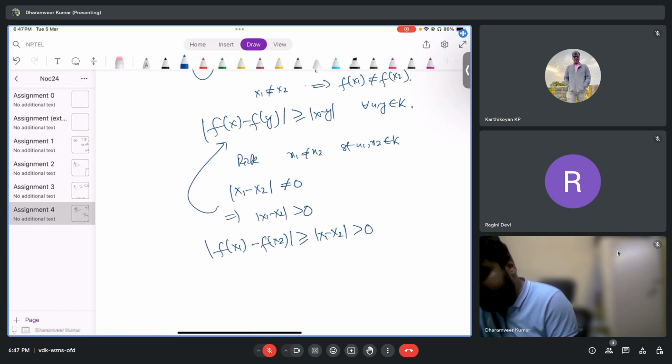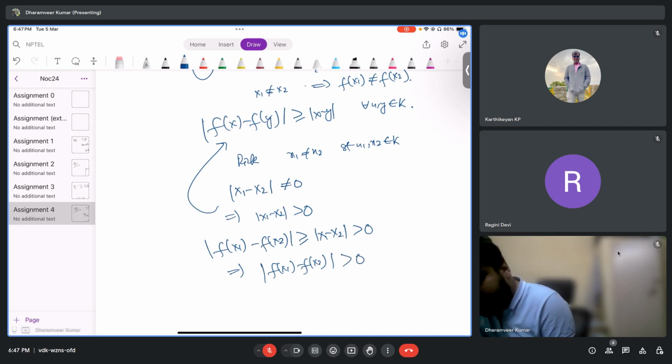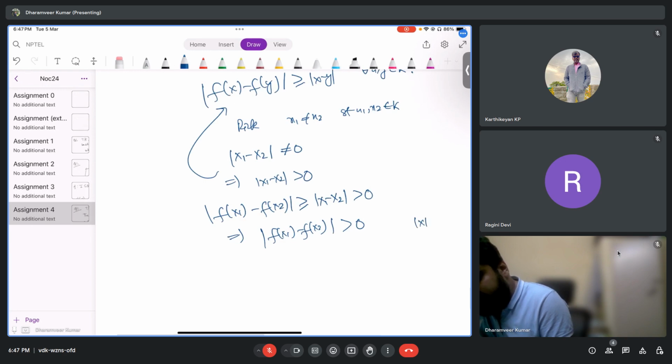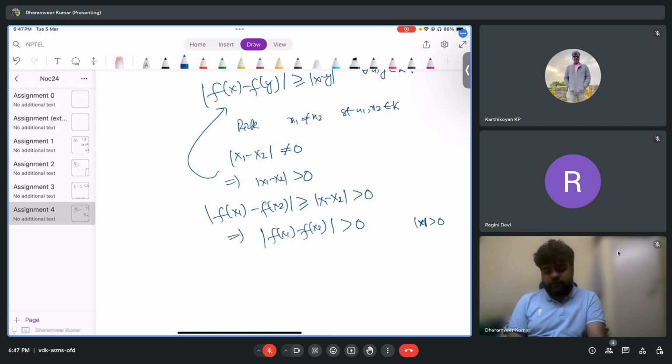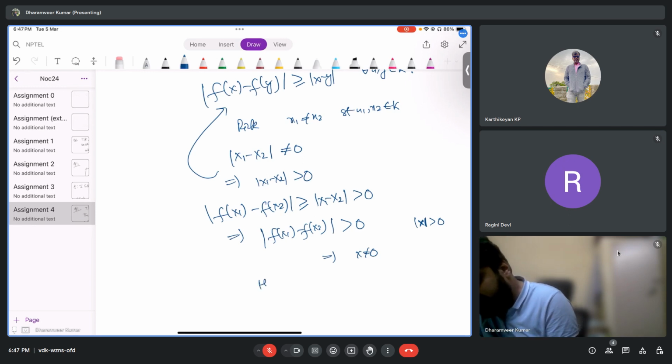That implies |f(x1) - f(x2)| is strictly greater than 0. You know this, right? If |x| is strictly greater than 0, that implies x is not equal to 0 for sure. If it was 0, there would be an equality. Hence f of x1 not equal to f of x2, hence 1-1.